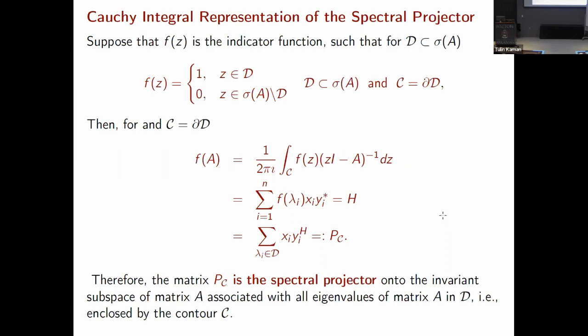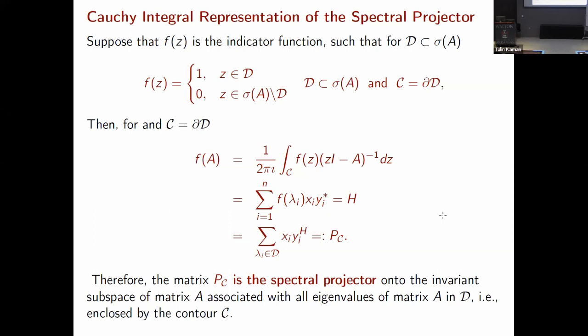Let's say the contour is exactly the boundary of our subset of interest. If we do this calculation again, and this is a typo, sorry, that was supposed to be instead of this star, we realize that if lambda i is in this set D, then f of lambda is equal to 1, otherwise it's equal to 0.